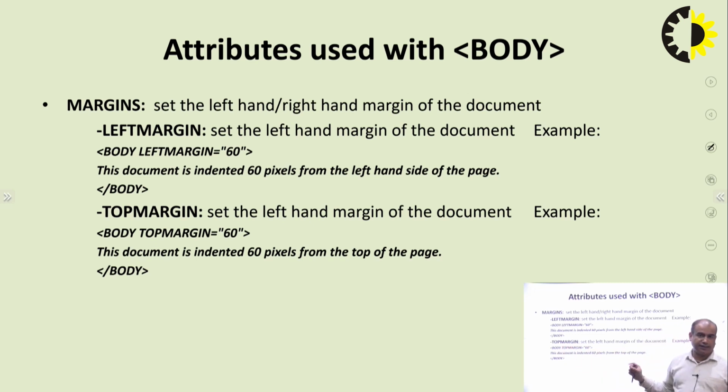The next attribute is topmargin, which sets the top margin of the document. For example, body topmargin equal to 60. So this document is indented 60 pixels from the top of the web page.